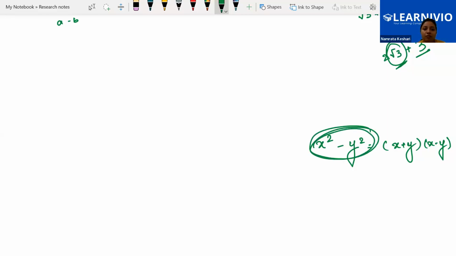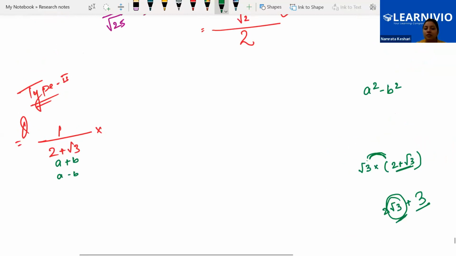See carefully how we can do so. x plus y is there, we need x minus y. That means we will multiply by 2 minus root 3. But the rule of the fraction says that multiplying only in the denominator is not allowed.